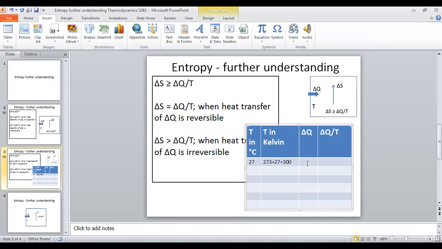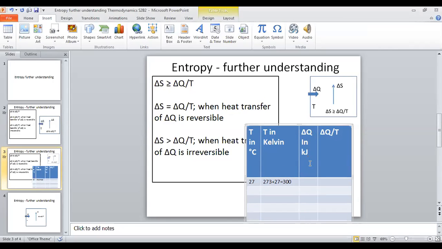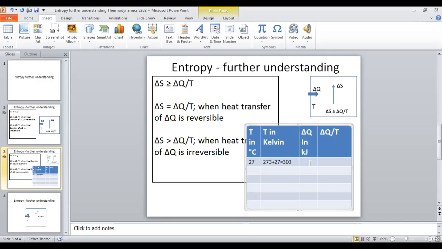And let's say delta Q in kilojoules is 9,000.